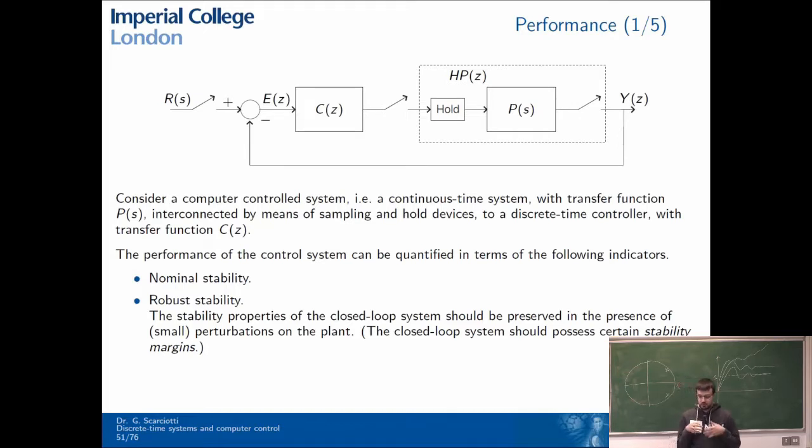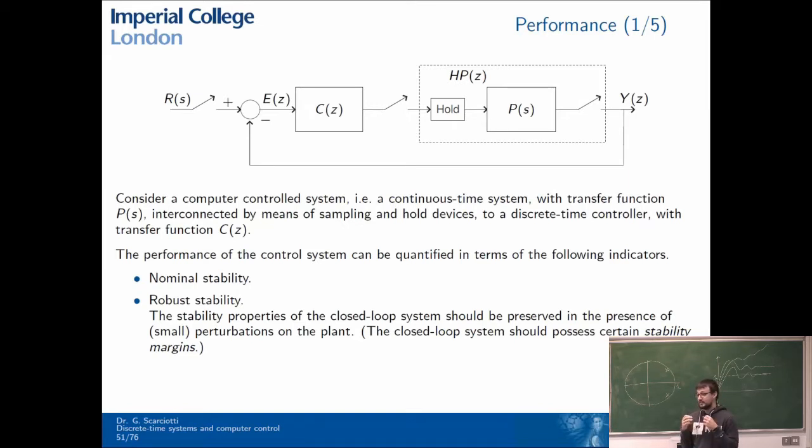Okay? So what does it mean, perturbation of the plant? It means that the model that we have of the plant is obviously an approximation. The model is a mathematical description of a physical system, and obviously there will be differences, okay? Some disturbances, computation of parameters, some forces or some conditions that we didn't consider in our model.